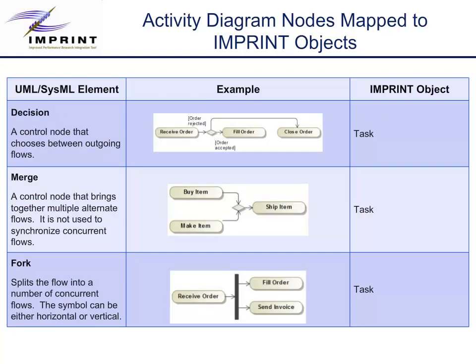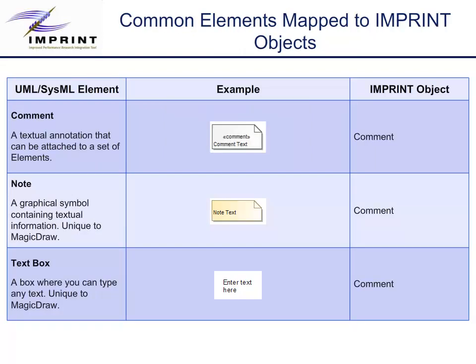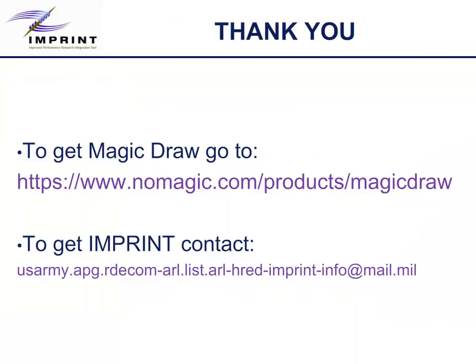MagicDraw elements of decision, merge, and fork all come in as tasks in IMPRINT. The tasks are shaped like the object in MagicDraw, so we'll have a diamond or a solid bar. The join object comes in as a task, and partitions or swim lanes come in as swim lanes in IMPRINT. The common elements of comments, notes, and text boxes all come in as comments in IMPRINT.